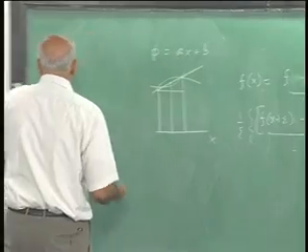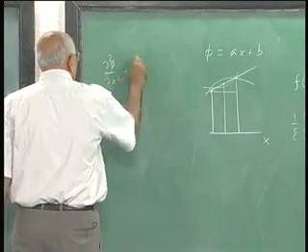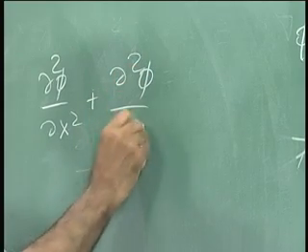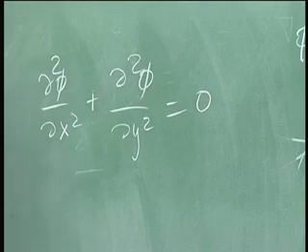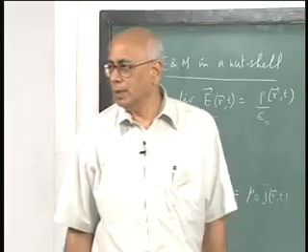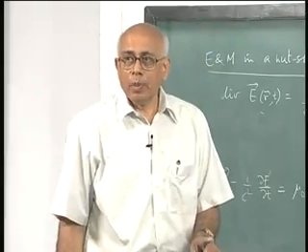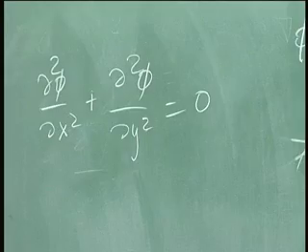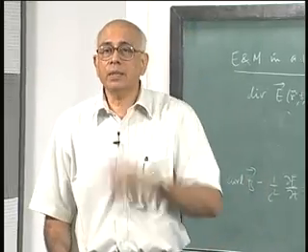Now in 2 or 3 dimensions, in 2 dimensions for example, this same property would translate to something much more interesting, because if you have d2 phi over dx2 plus d2 phi over dy2 equal to 0, then of course if you put phi equal to ax plus b plus cy plus d, this is true, that is a trivial case, but you have more interesting possibilities. It is possible that the x derivative d2 phi over dx2 is some quantity and the y derivative is minus that quantity.